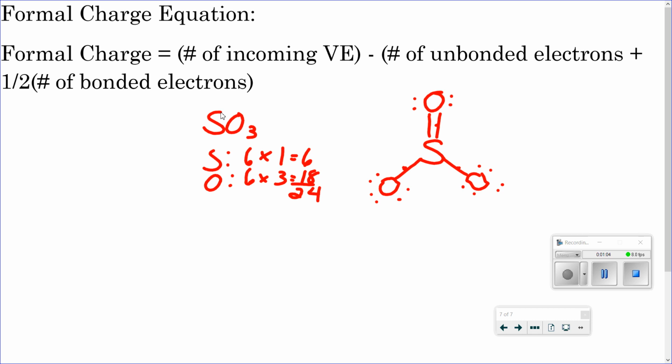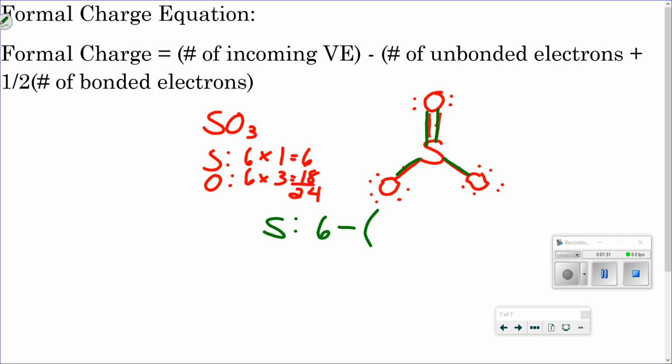So I'm going to do the formal charge first of all for the sulfur. Sulfur's formal charge is going to be the number of incoming valence electrons, which in this case is going to be 6. That comes from the periodic table, minus number of unbonded electrons. Well, there's no unbonded electrons because they're all bonded. They're all wrapped up in these single and double bonds.